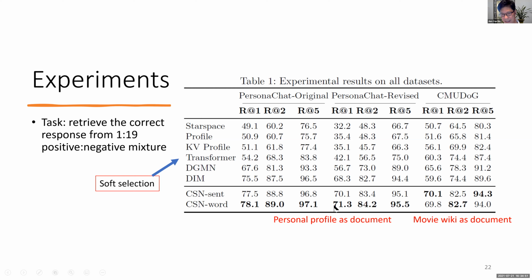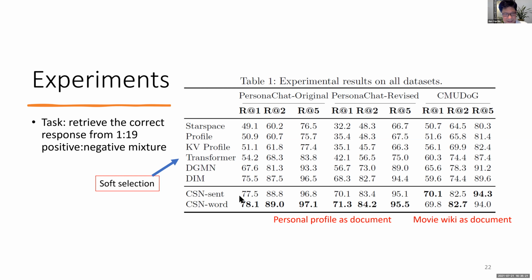In both cases, we observe that the approach proposed is better. Also I have to mention that among the candidates, we have the correct candidate together with 19 wrong candidates. So the goal is to rank the correct candidate as high as possible. Okay, so that's the global experimental results.